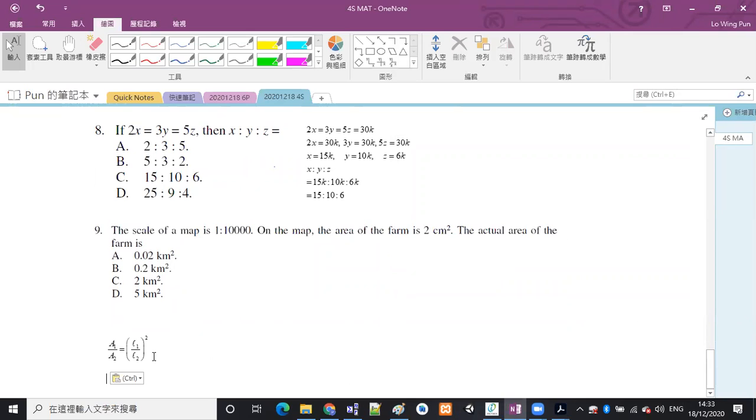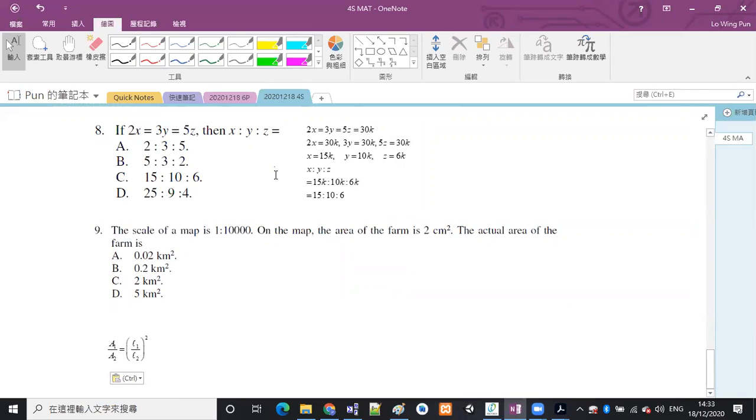We always use this formula to do this type of question. Okay, where 1 is the thing on the map, 2 is the actual thing. Okay, so whether it is area on the map or length on the map will be 1. Okay, actual area and actual length will be 2. Okay, so normally it is like this.